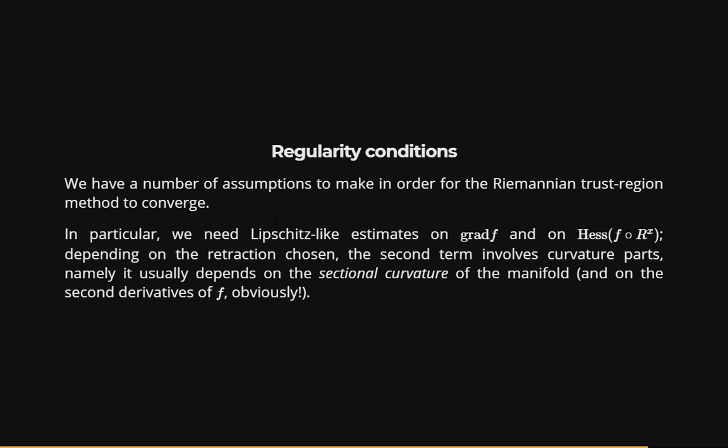If you compute the Hessian, you get the Hessian in local coordinates, and another term which depends on the Christoffel symbols, if you remember. It's the Christoffel symbols times the gradient of f.